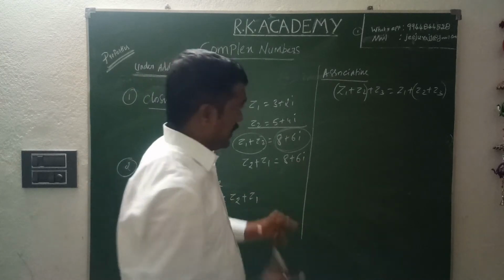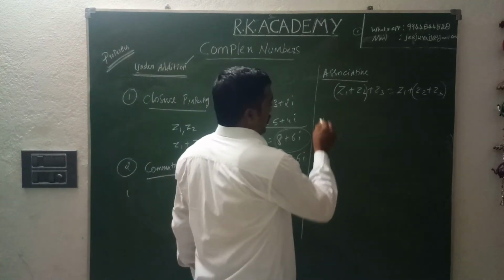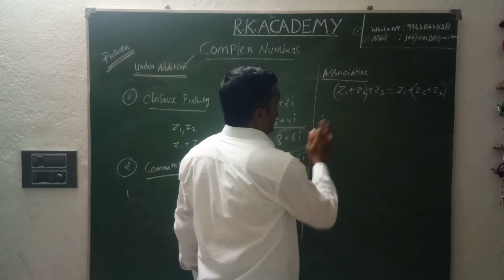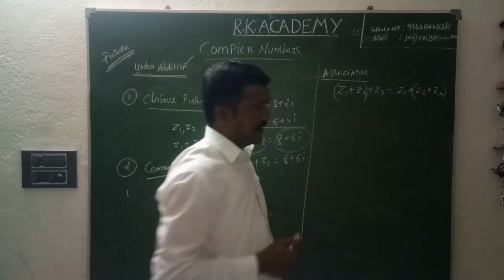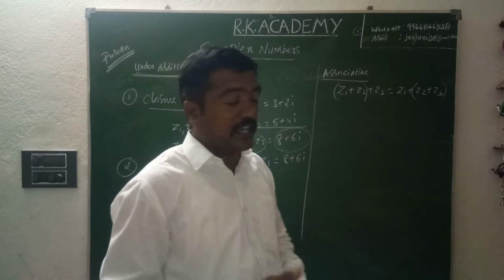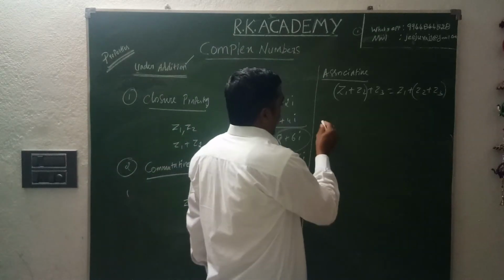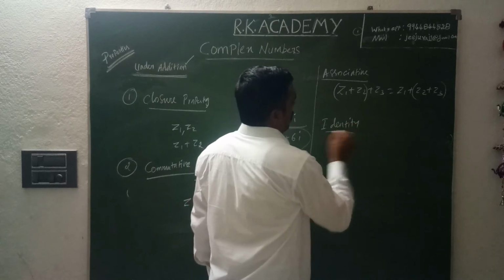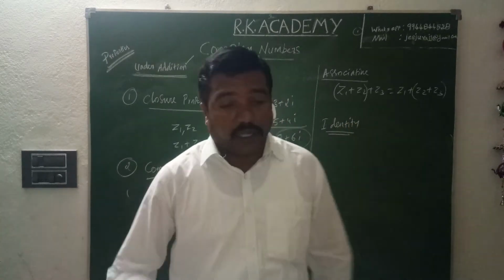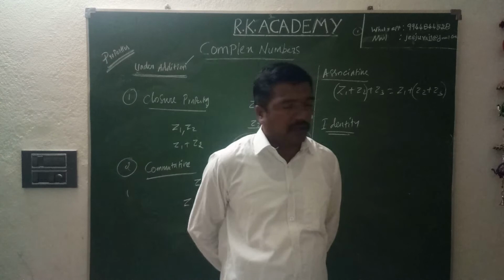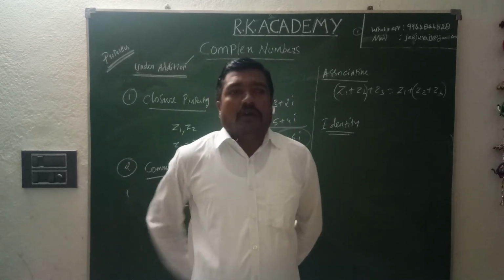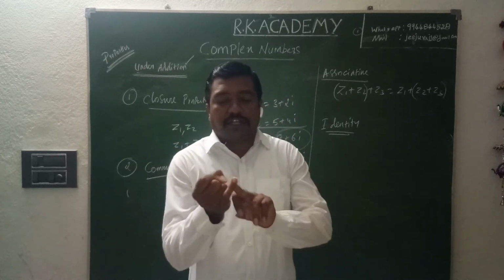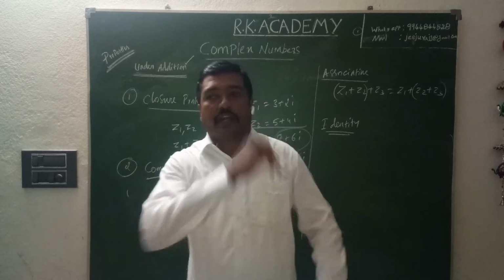Now listen, the next one. Identity. So what is meant by identity? So additive identity, it's from the addition. In the lower class, we know that, I think it's from 8th or 9th standard. Addition identity, multiplication identity.